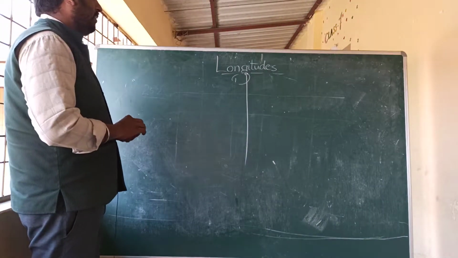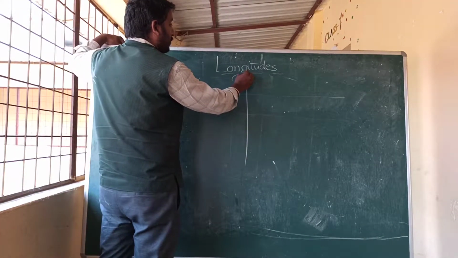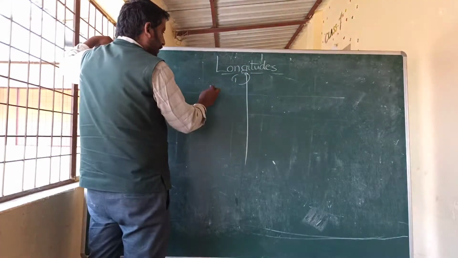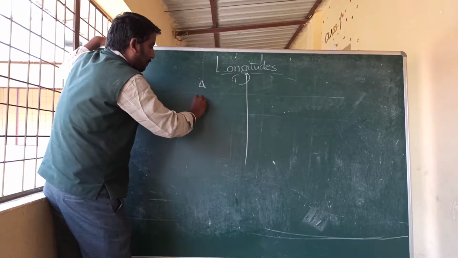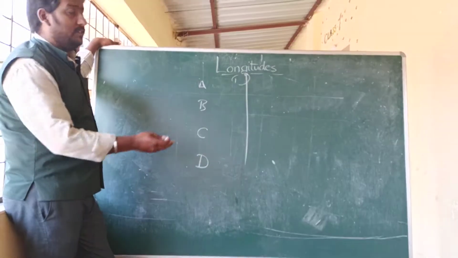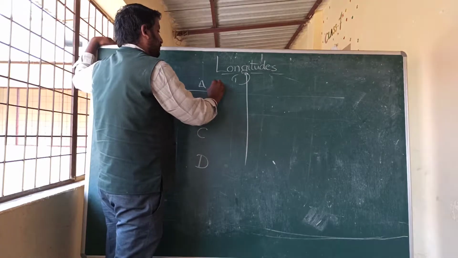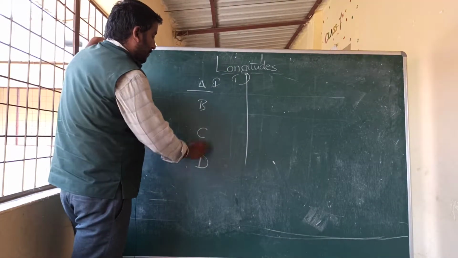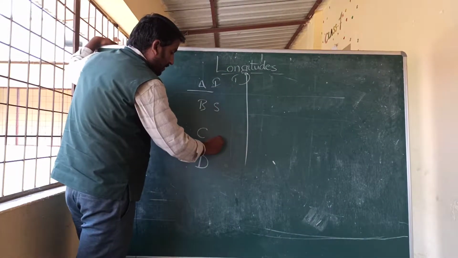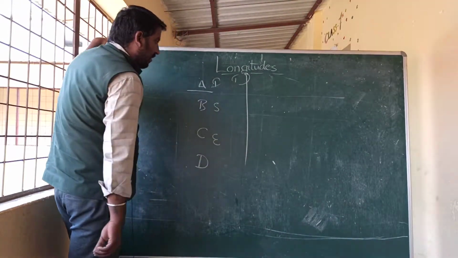So what this value refers to is the countries or the cities which fall in the same line. For example, city A, city B, city C, city D. These four different cities are in different countries. Suppose A is in Italy and B is somewhere in Spain and C is somewhere in England and so on. Let us take any country.